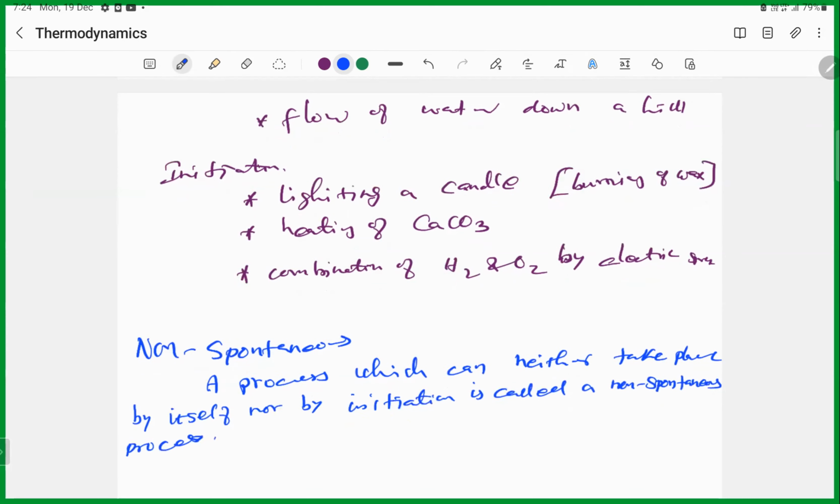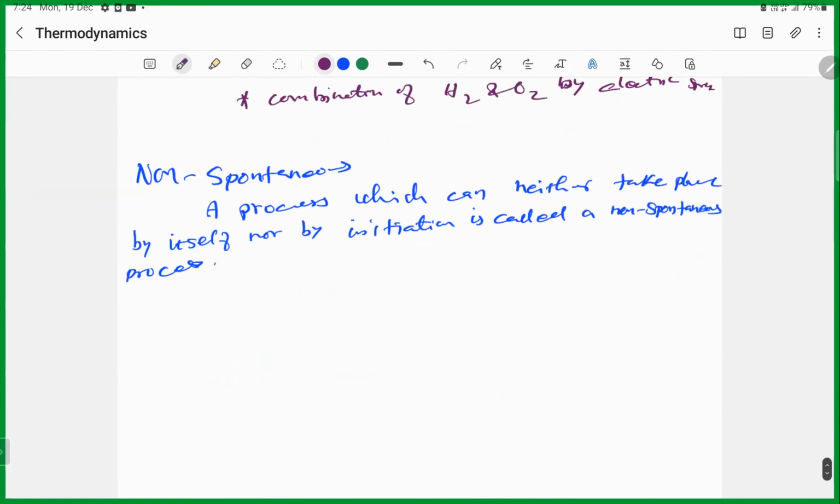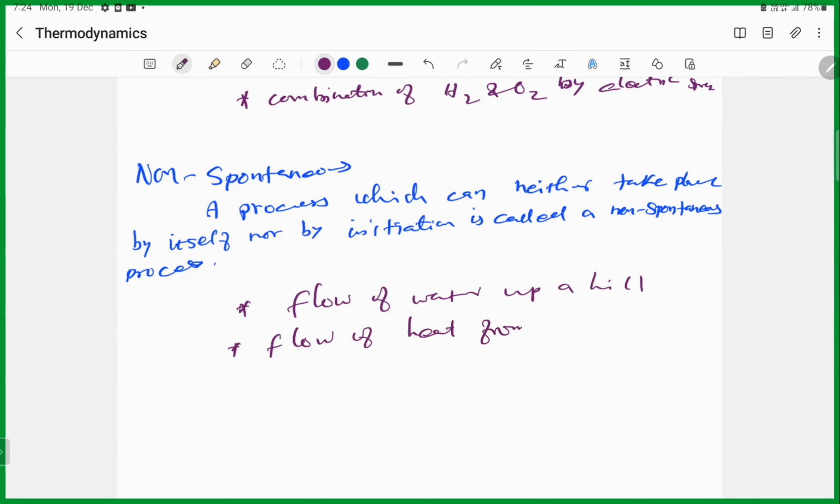So what are the examples? We have many examples: flow of water up a hill, and flow of heat from a cold body to a hot body.